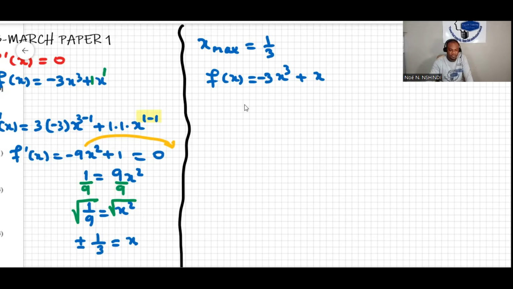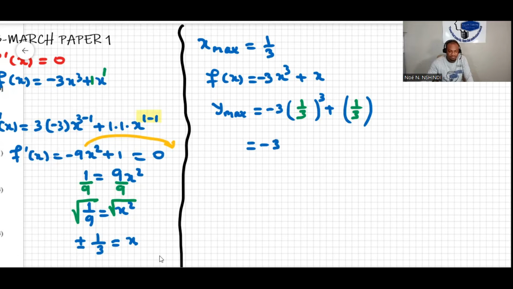So y max will be negative 3 times 1 over 3 cubed, which is 1 over 27, plus 1 over 3. This equals negative 1 over 9 plus 1 over 3.